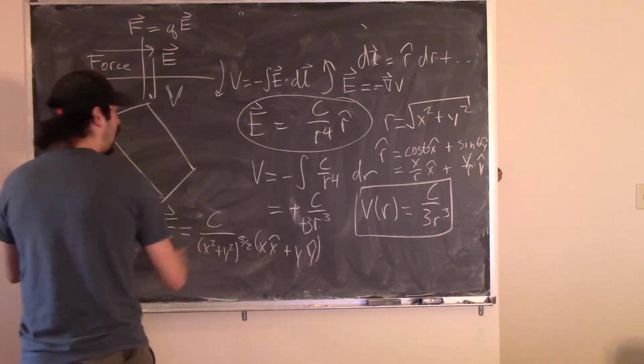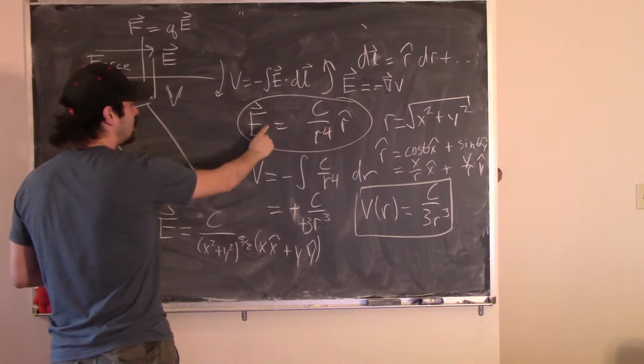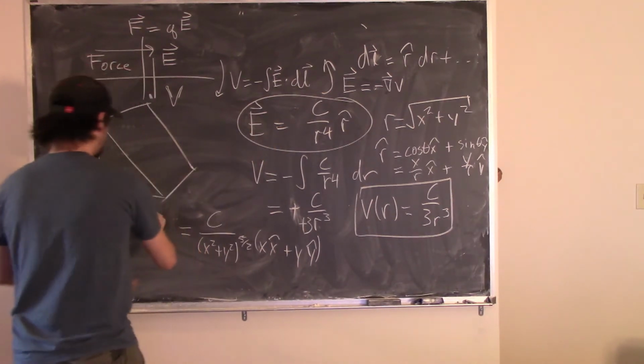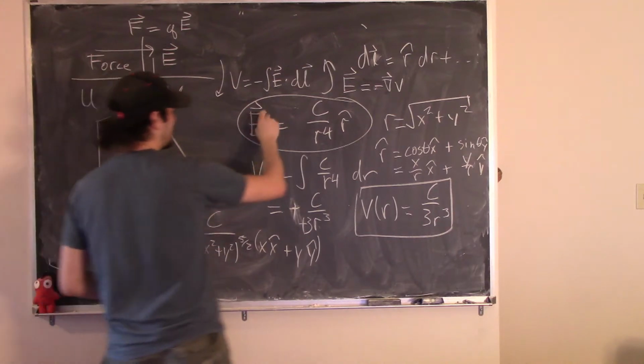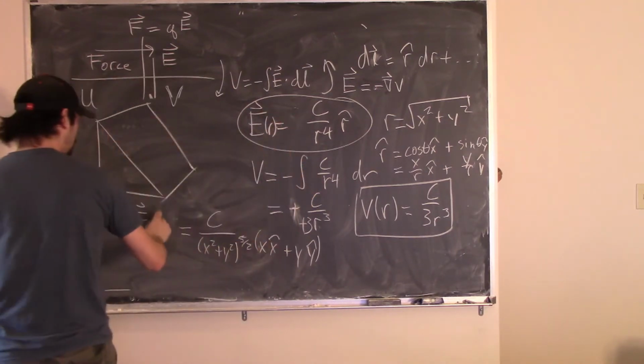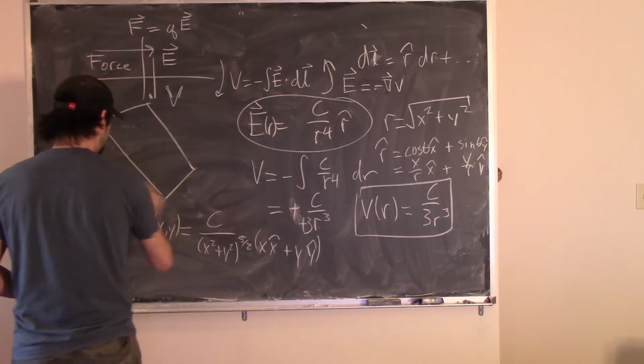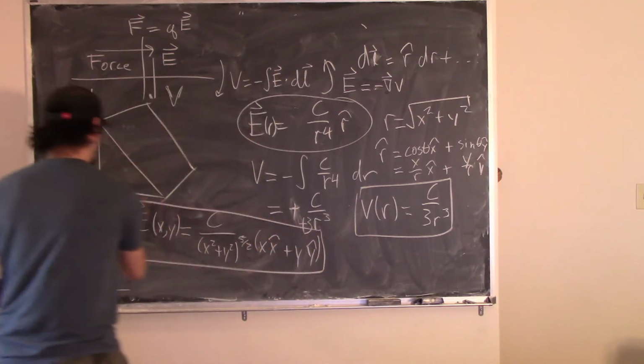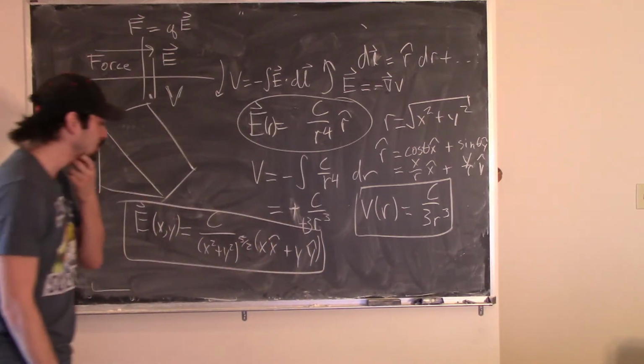I have E written in polar coordinates here, but what this really is, if I was to write this, is E as a function of r, this is E as a function of x and y. And that's ultimately what we want to get at here.